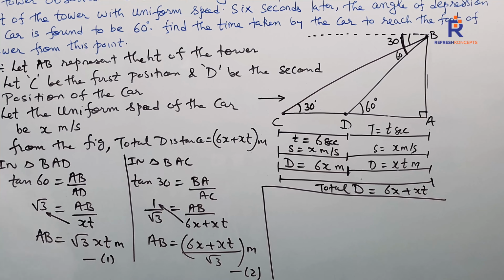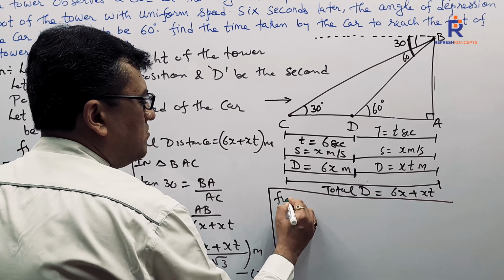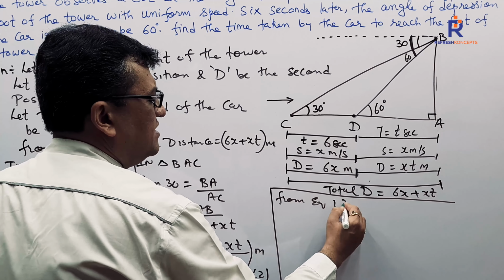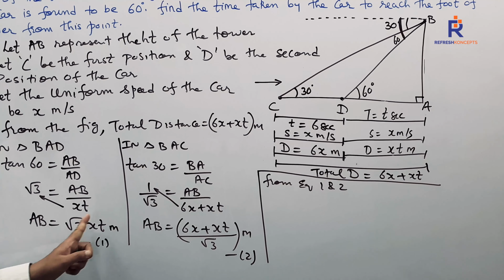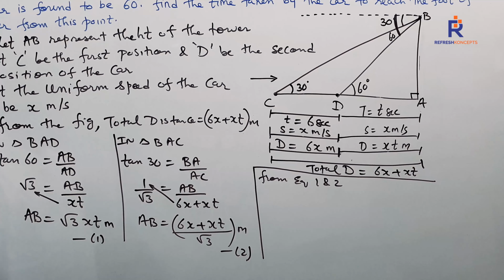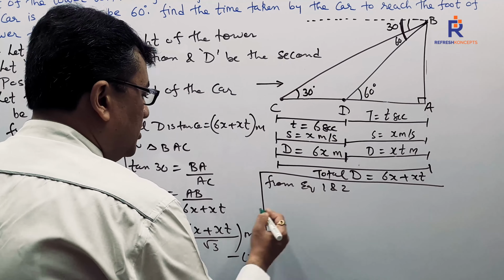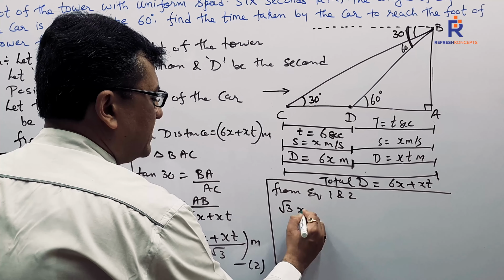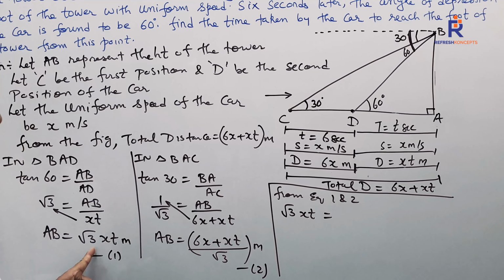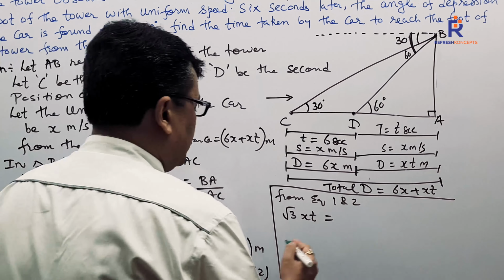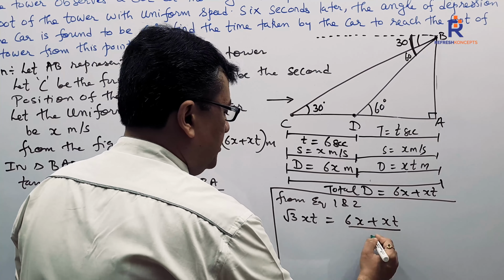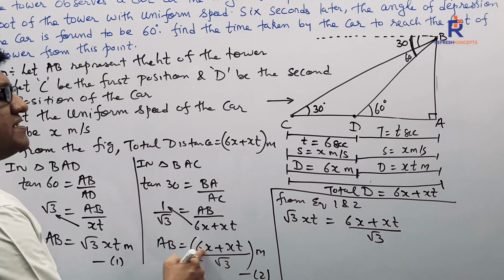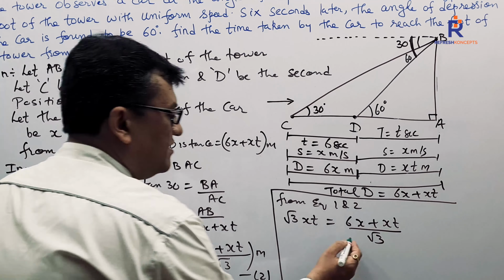From equations 1 and 2, this is also AB, this is also AB. Can I literally equate it? Yes. Root 3 xt is equal to 6x plus xt by root 3.